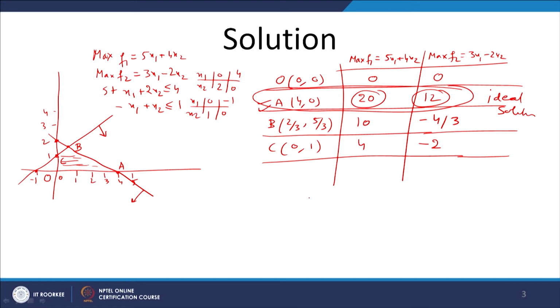So, A is the ideal solution, because it is maximizing both the objective functions, whereas the remaining points, O, B and C, give us the efficient solutions.